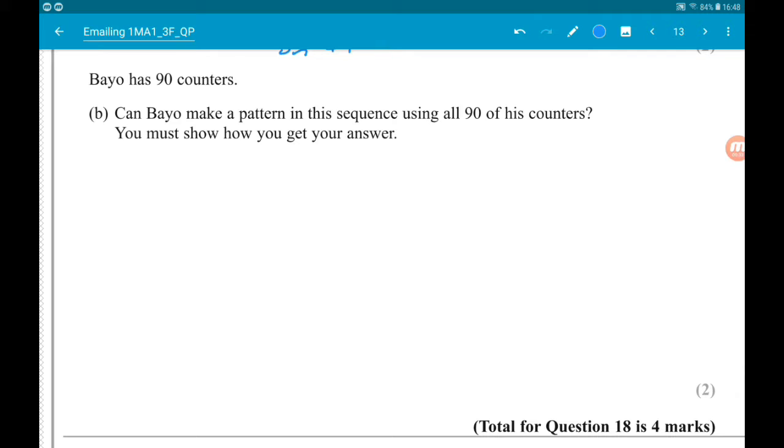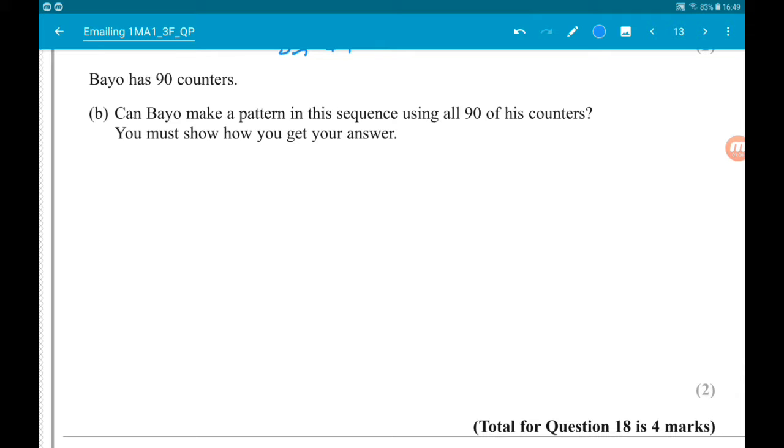What we do is we set the nth term equal to 90 and solve for n. Now, if we get a whole number, that tells us the term number that would use 90 counters. If we don't get a whole number, that means we can't make a pattern in this sequence using 90.